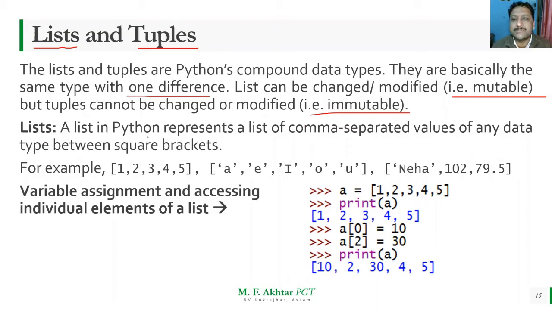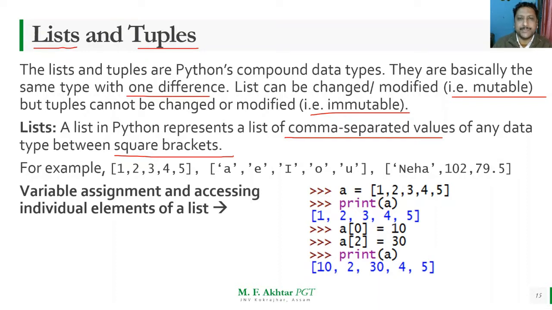A list in Python represents a list of comma separated values of any data type between square brackets. Now understand the purpose of lists and tuples. Why is this type of data type given in Python? Number data types are there: integers, floating point numbers, complex numbers, booleans.